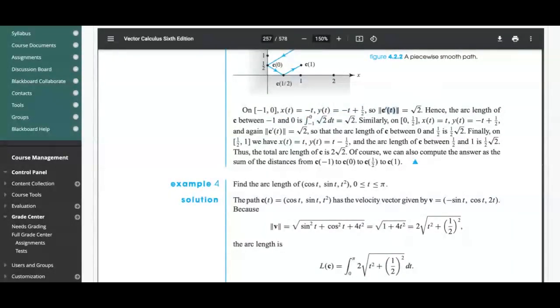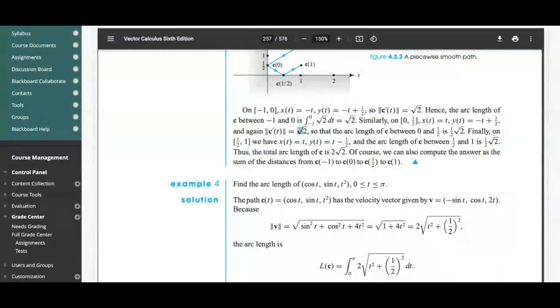The magnitude of the velocity vector from -1 to 0 is square root 2. So it's just the integration from -1 to 0 of square root 2, which equals square root 2. Similarly, we do 0 to half, and again we get square root 2.